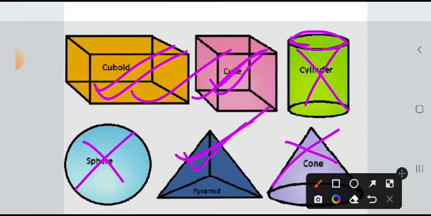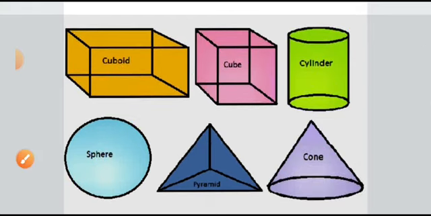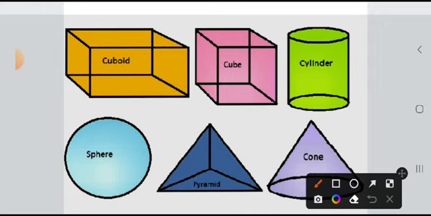Mind it, students, those solid objects which are made up of polygonal faces are called polyhedrons. That means in this figure we have six objects, and out of the 6, cuboid, cube and pyramid are made up of only polygonal faces. So these 3 will come under polyhedrons.